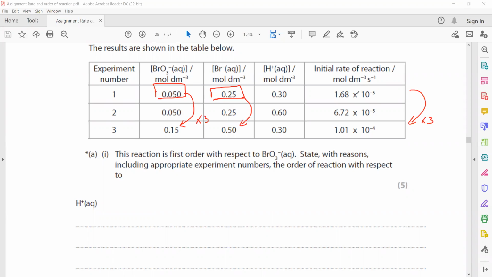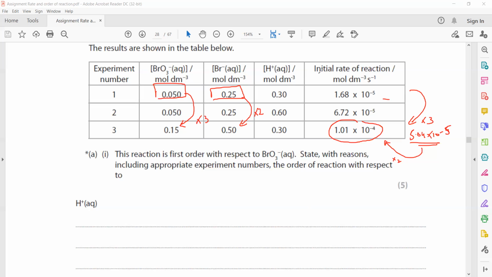So 1.68 into 10 to the power minus 5 multiplied by 3 is 5.04 into 10 to the power minus 5. So because of the change in BrO3, the rate should be 5.04 into 10 to the power minus 5. But what happened? The overall rate is 1.0 into 10 to the power minus 4. So 5.04 becomes double, which is 1.01 into 10 to the power minus 4. So it is first order with respect to bromide ion.